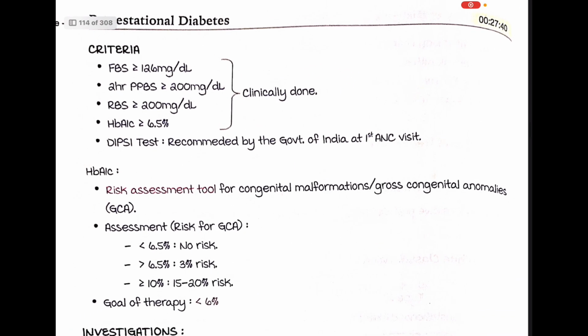Pre-gestational diabetes criteria: fasting blood sugar more than 126 milligram per deciliter, 2 hour postprandial more than 200, random blood sugar more than 200, HbA1c more than 6.5%. DIPSI test is recommended by Government of India at first ANC visit.